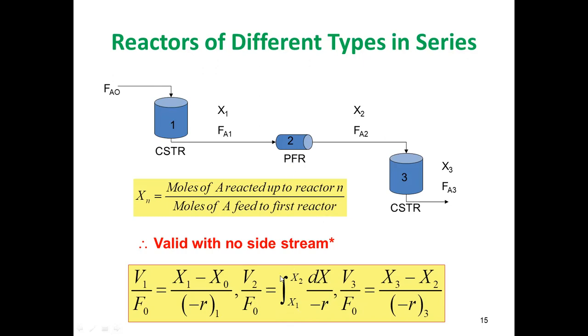Now this time you have the integral because you have a PFR, and this one is for your third reactor, another CSTR. You will still need to go back to the basics of the performance equations of each of these particular reactors. So the performance equation for an MFR here, the same thing in here, and this one is the performance equation for your PFR or your tubular reactor.